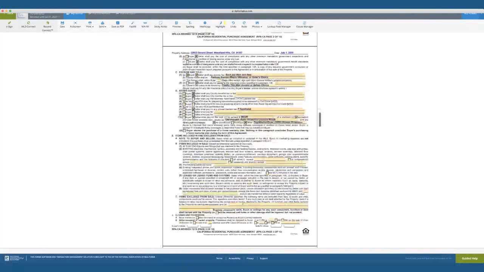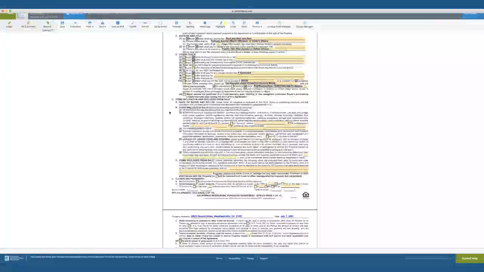Then we get into what's included and excluded. If there's stoves there, check it. If there's refrigerators, check it if your buyer wants it, and washer and dryers. Now, what happens? A lot of people say, well, in the MLS it said the washers and dryers were included, so I don't have to check all this.